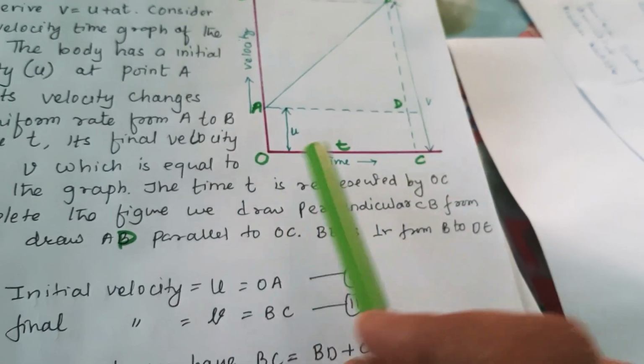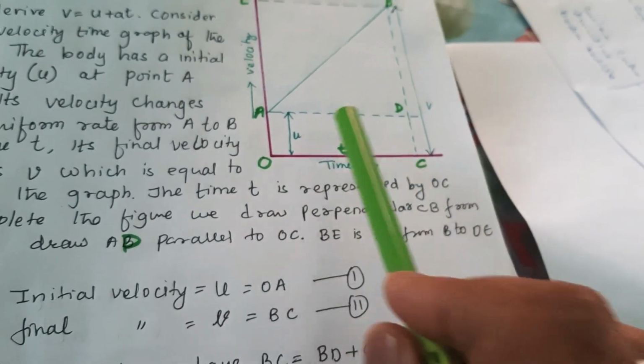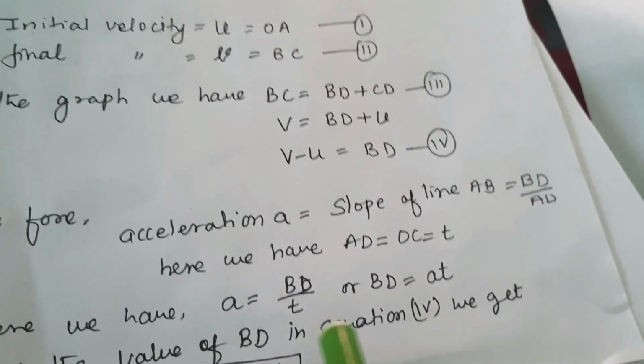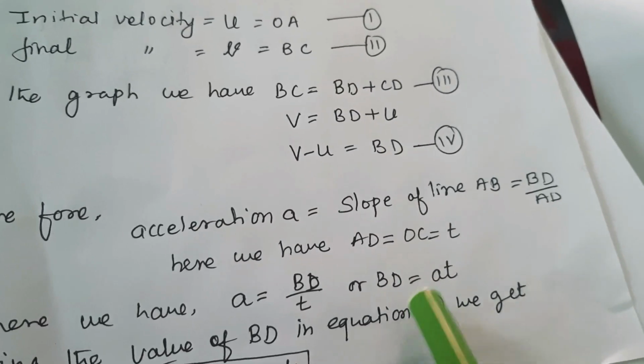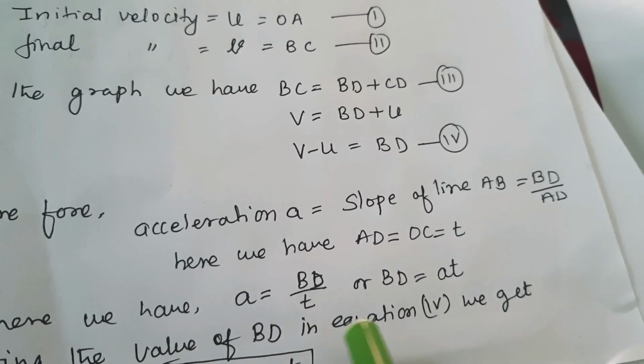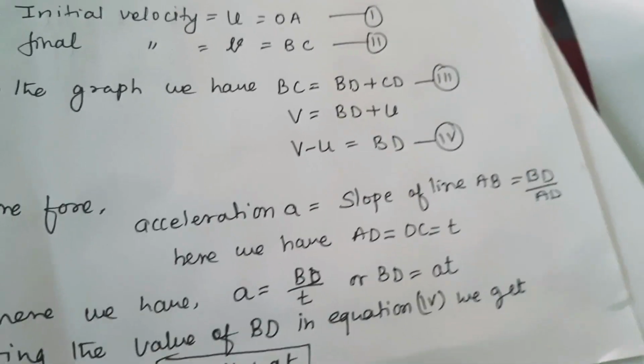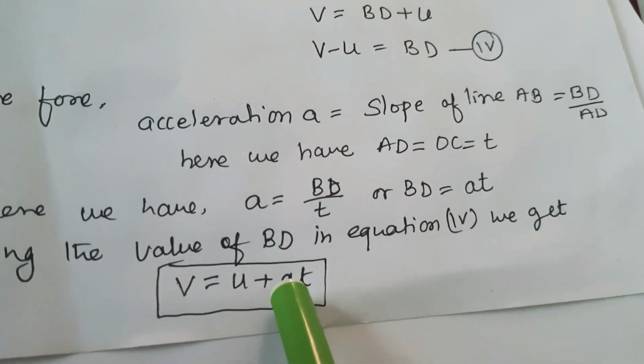We can say this AD is time, because OC is time and OC and AD are equal. Putting the value of BD in equation 4, we get v equals u plus at.